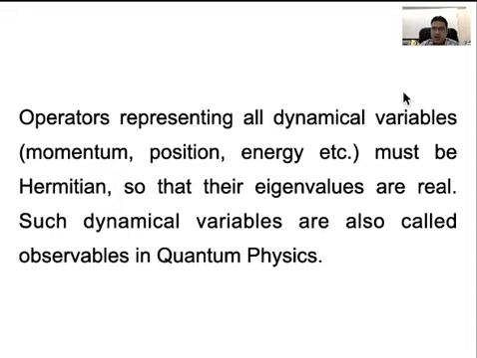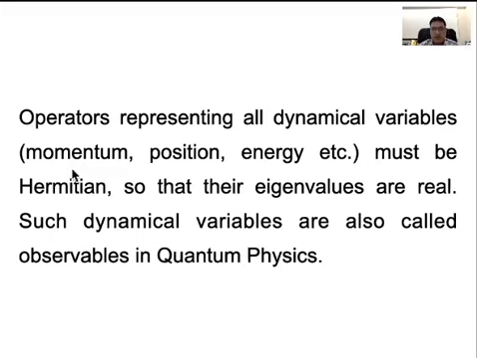Okay, now this is a statement. Operators representing all dynamical variables, momentum, position, energy, and so on, must be Hermitian. So all the operators which correspond to dynamical variables must be Hermitian, so their eigenvalues are real. Such dynamical variables are also called observables in quantum mechanics, because in nature you always measure or observe real things, not complex things.